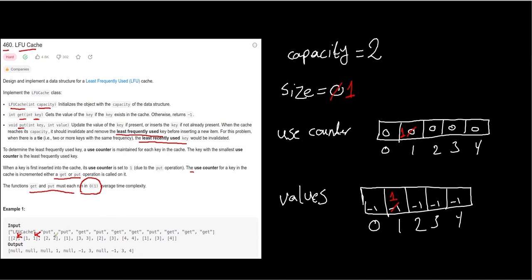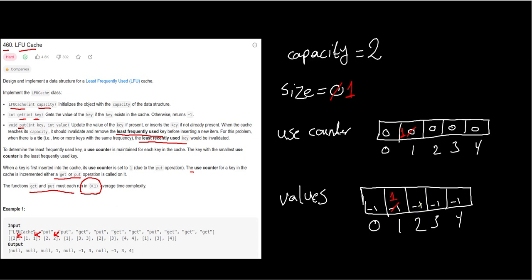Then we have this call, put 2, 2. Again, the size is less than the capacity, and key 2 is not inserted yet because its value is -1 and the counter is 0.